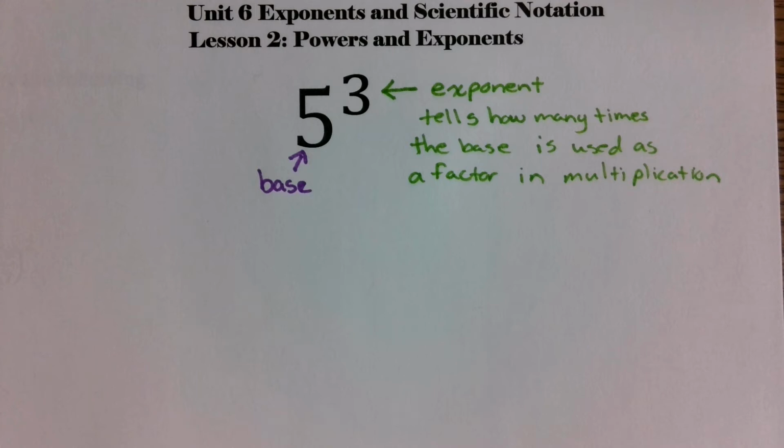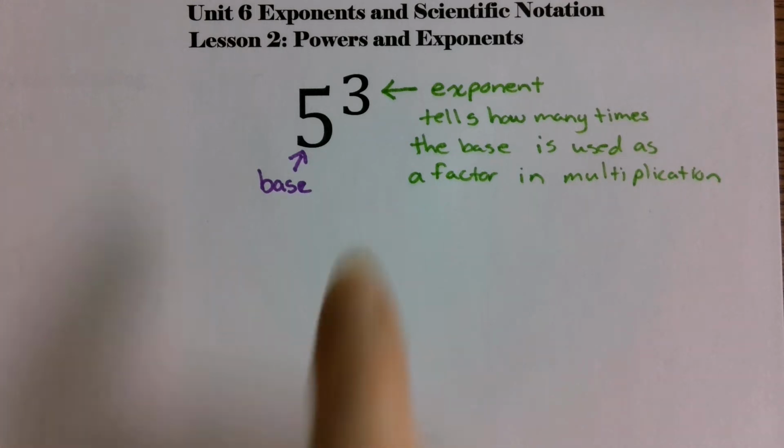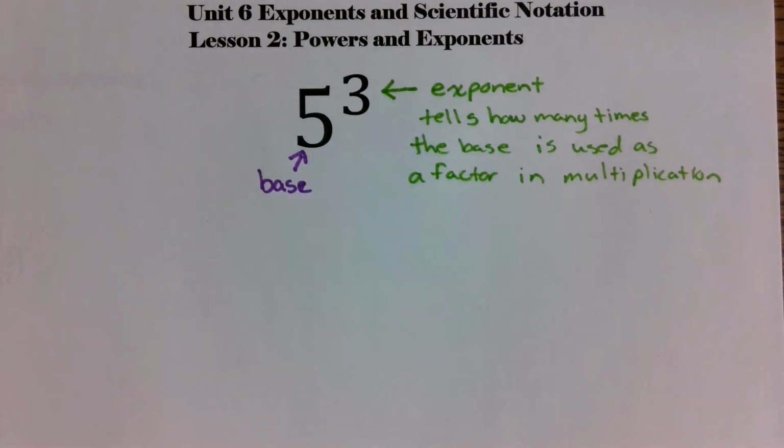Okay, how often that base is going to be used as a factor in a multiplication problem. So this is basically 5 times 5 times 5 because we're using that base 3 different times.